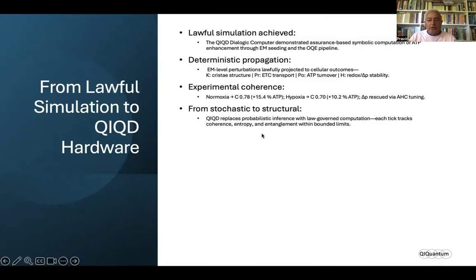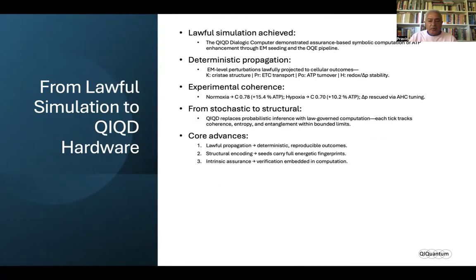So QIQD replaces probabilistic inference with law-governed computation, with each tick tracking core quantum metrics such as coherence, entropy, and entanglement, which all take place within bounded limits. And as we look at the core advances, we have therefore lawful propagation due to the deterministic reproducible outcomes. We have structural encoding.